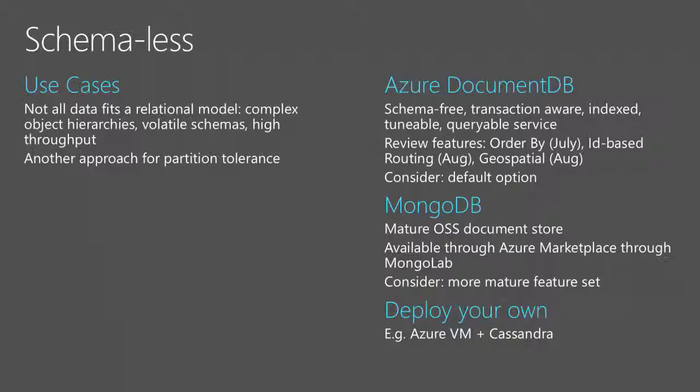So before you jump into DocumentDB, do a quick look at what kind of features you might be expecting and make sure that it supports them. Things like paging can still be a little complex. When DocumentDB doesn't have the feature set that you want, go and have a look at Mongo. Again, it's available as a service through the marketplace. This is kind of the industry standard option for document databases.